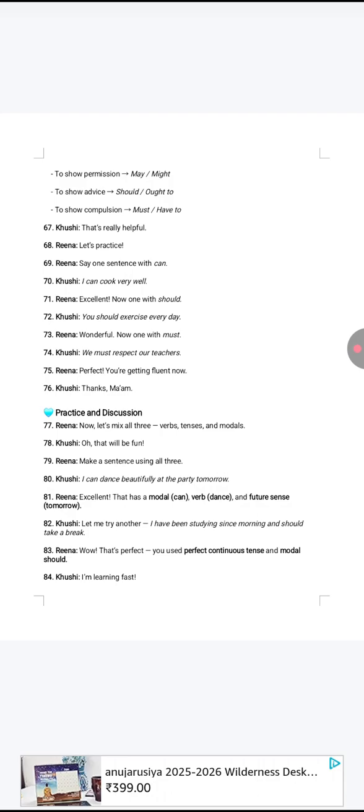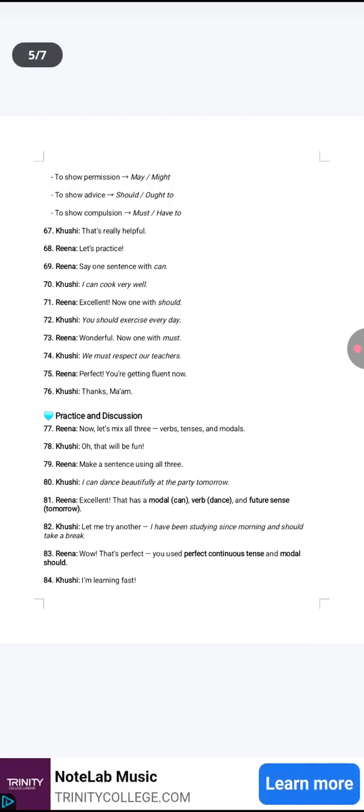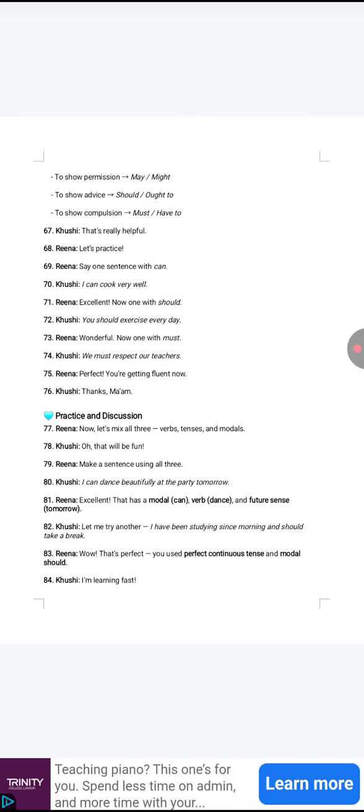Next, if you want to give advice or take advice, then you can use should and ought to. To show compulsion, in that case you can use must and have to.